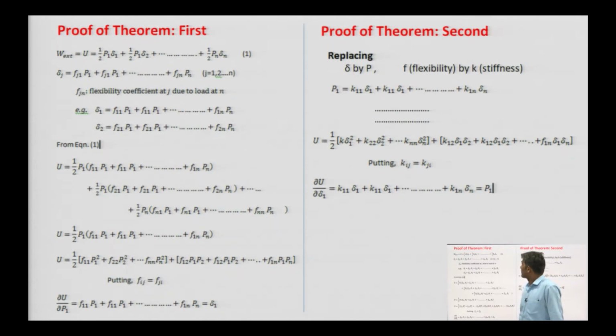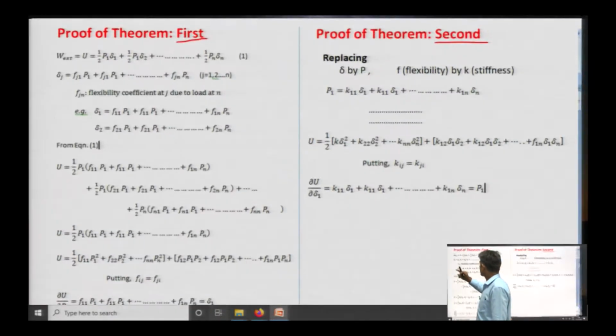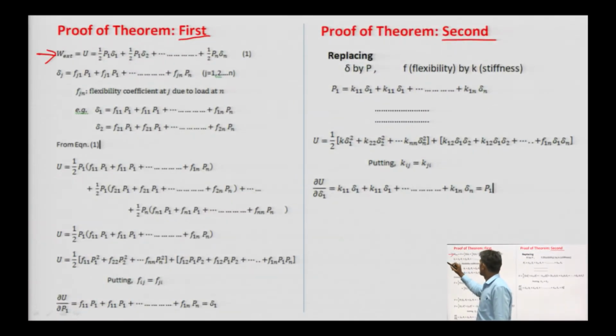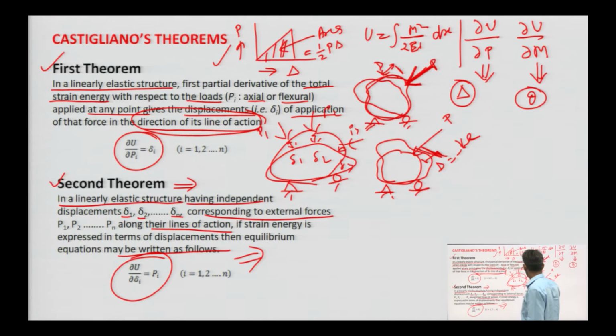Okay. Proof of theorems 1 and 2. Theorems 1 and 2 can be proved very easily, as we know the external work done, U is half P 1 del 1 plus P 2 del 2 and so on.